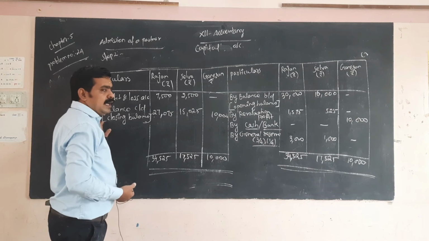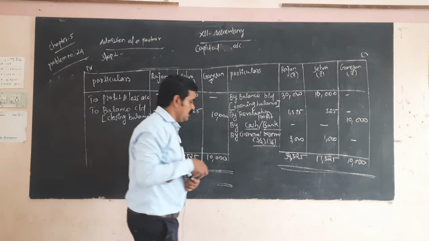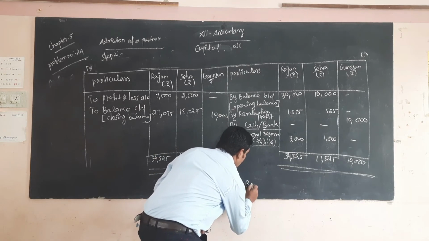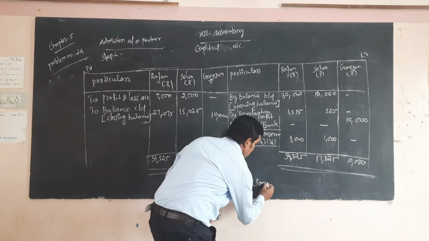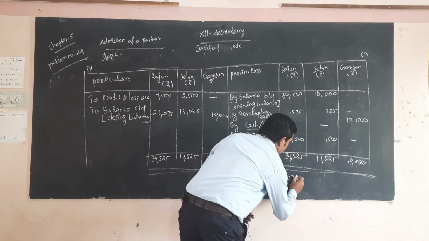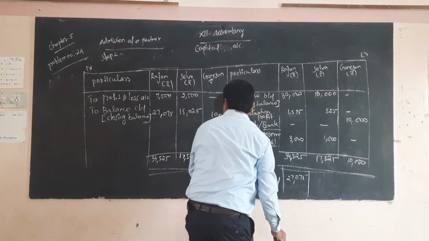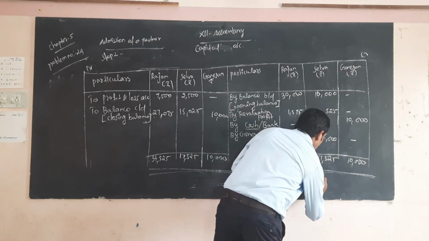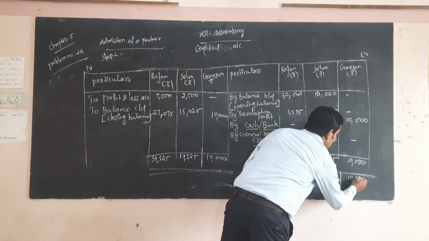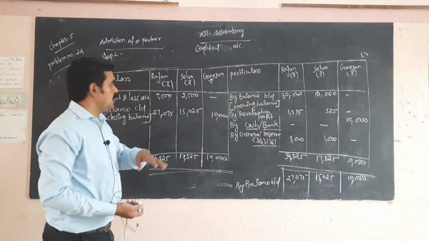This is the balancing, that is the closing balance. This amount is transferred to next year, that is by balance brought down: 27,000, then 15,000, then 10,000. Okay, got it?